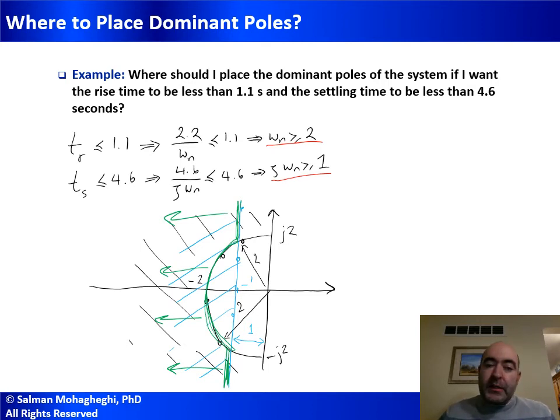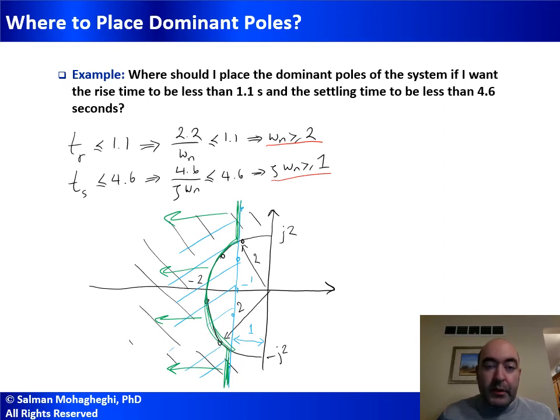So let's summarize what we just learned. We talked about higher order systems where you have multiple poles, more than 2, and we saw that sometimes, not always, it is possible to find an equivalent system which is lower order but behaves the same way as the original higher order system.